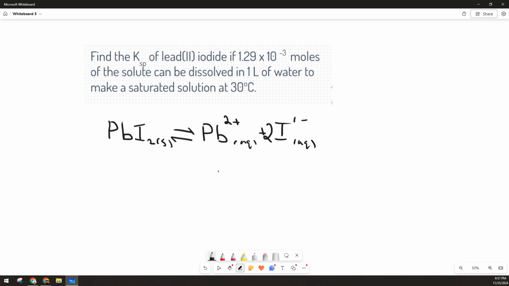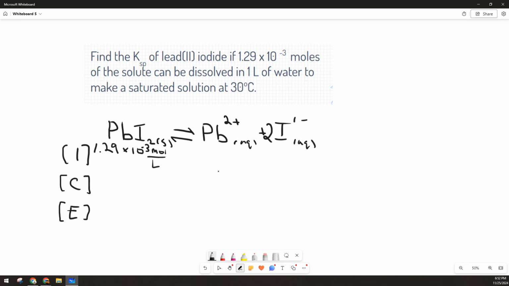Let's now build an ice table as we do with most equilibrium problems. The question tells us that 1.29 times 10 to the negative 3 moles of that solute can be dissolved in 1 liter of water. So here, as my initial concentration, we will write 1.29 times 10 to the negative 3 moles per liter.